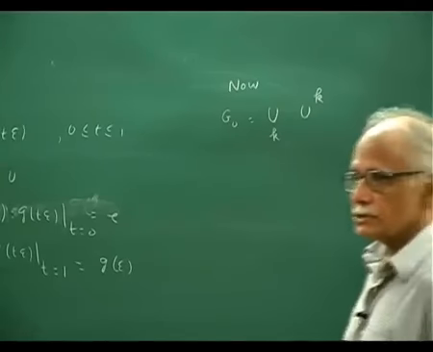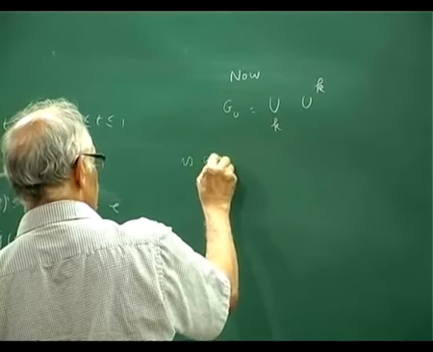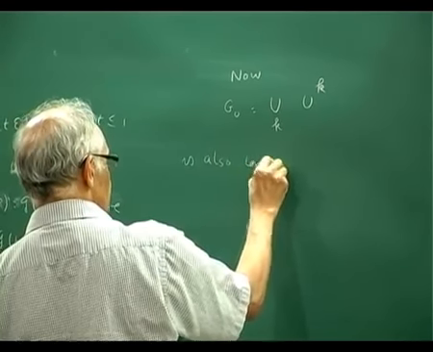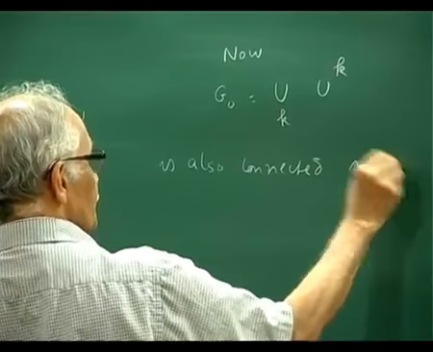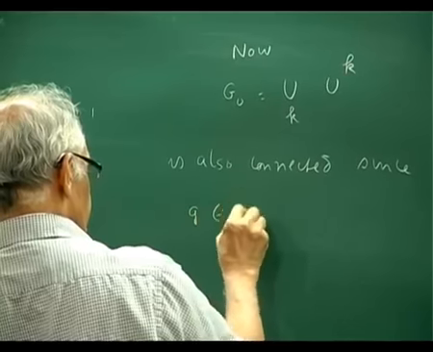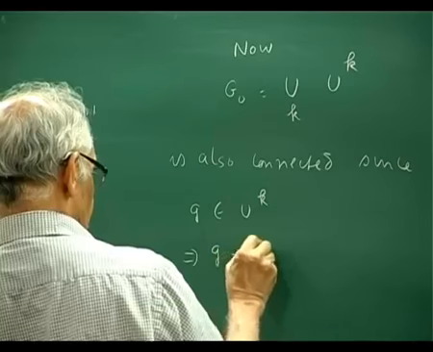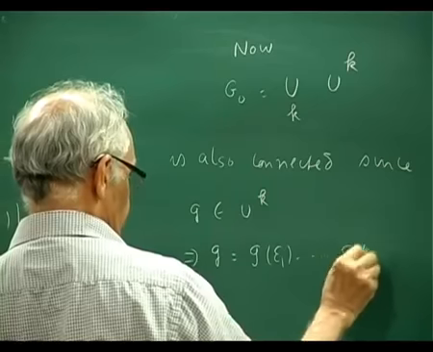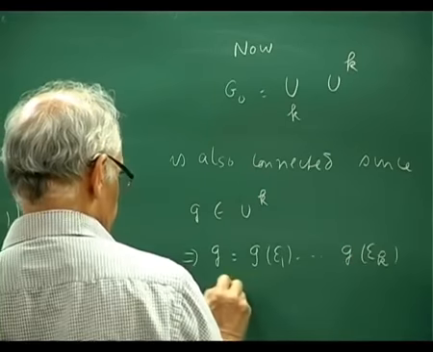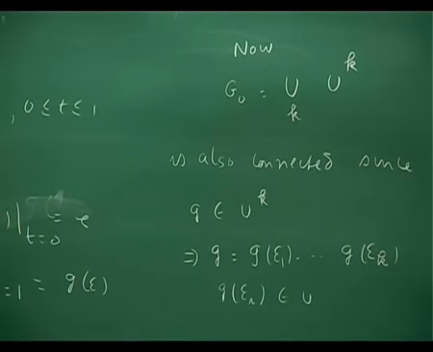Now, it's also connected since if g is in U to the k, it means g is of the form g(epsilon 1) through g(epsilon k), where g(epsilon i) is in U, right, by definition.